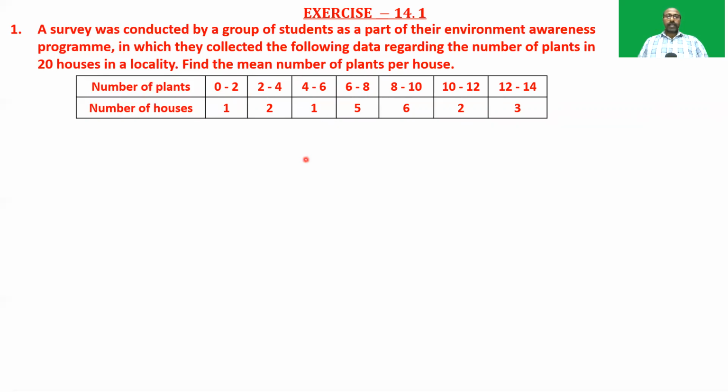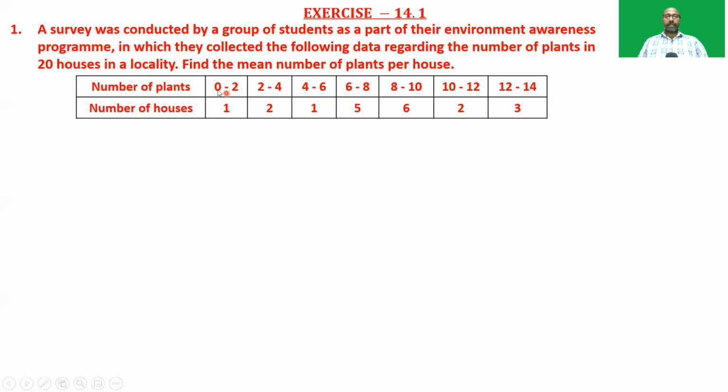So as we know, when the values of class marks are large, then we have to find the mean by either the assumed mean method or the step deviation method, isn't it?